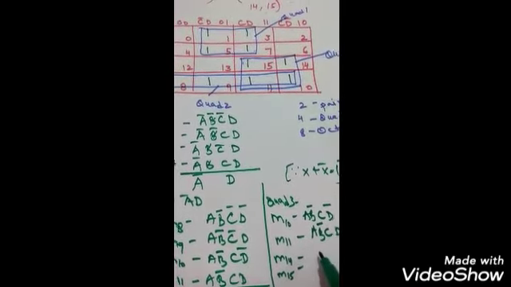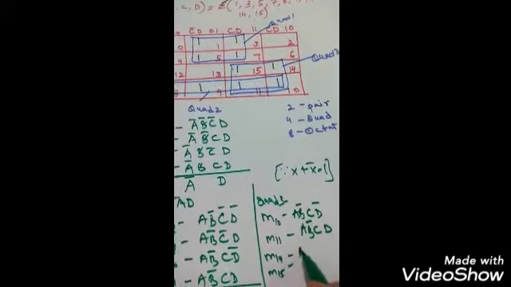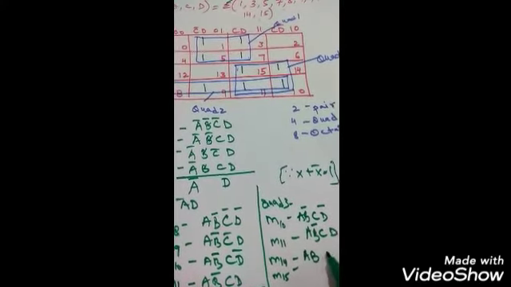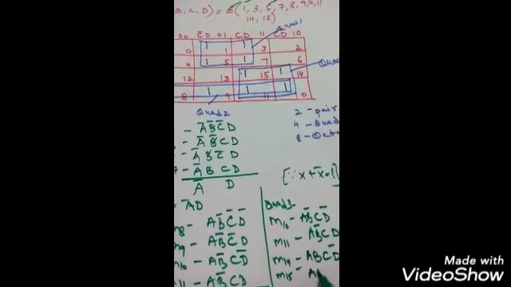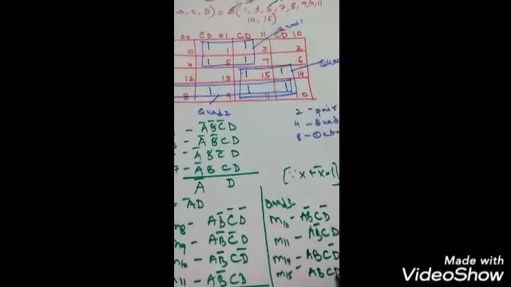M11 is A B complement, C D. M14 we will see over here: A B, C D complement. M15 is A B, C D.